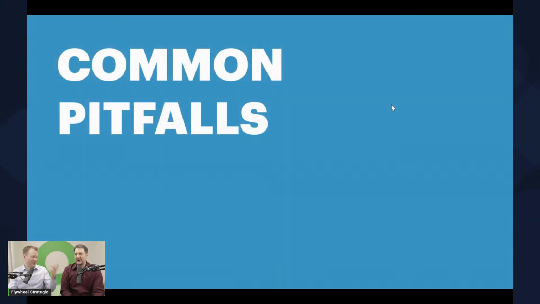Some of the common pitfalls we typically see, especially when working with our customers, are with larger organizations that have multiple business units running different campaigns. What we just showed is kind of a sideways funnel, with all your content.